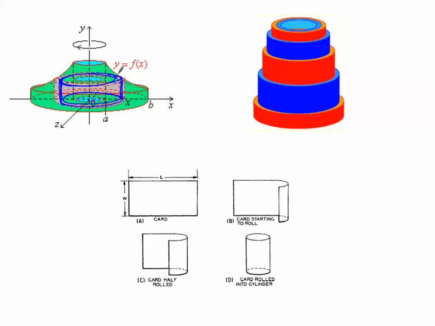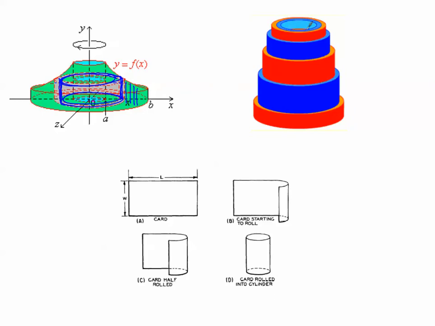Imagine slicing that region such that you have stacked cylinders, like this picture over here in the upper right-hand corner. Now, if we're finding the volume, we want to keep taking those slices and slices and slices and stacking them together so that we eventually get the three-dimensional figure.